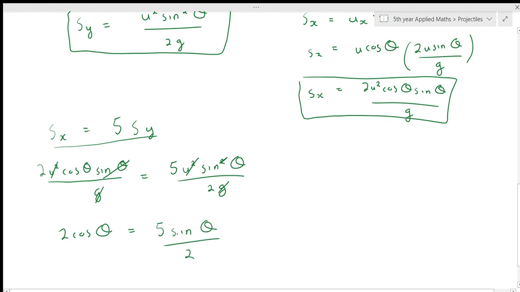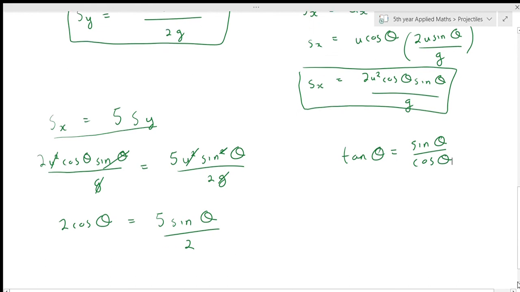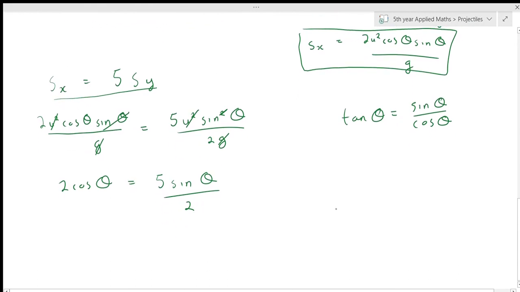Now we have cos theta and sine theta, so we need to reduce that to one trigonometric function, and here we always use tan theta equals sine theta over cos theta. So we're going to rearrange our equation to give us that by dividing both sides by cos theta. So divide this side by cos theta, it's cancelled, divide this side by cos theta, and we're left with sine theta divided by cos theta here, which equals tan theta.